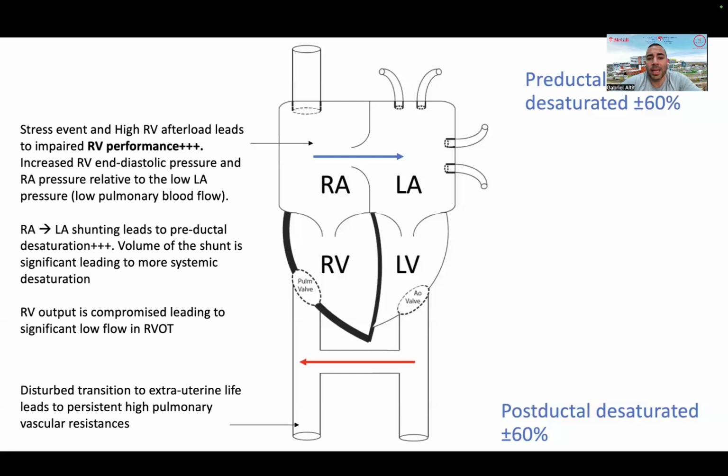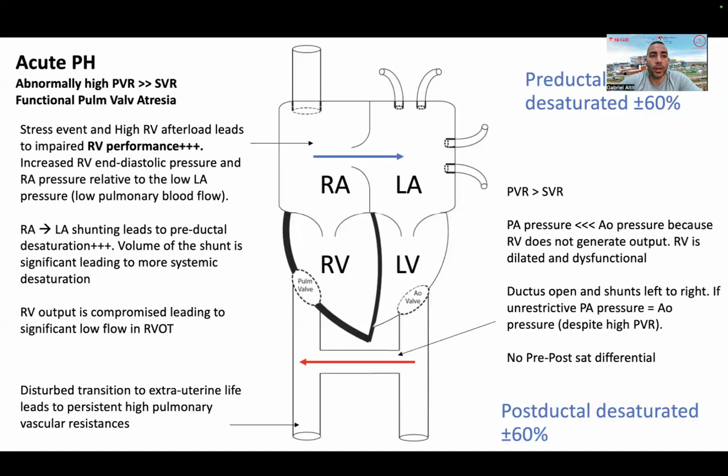You can also have the patient who has an acute PH picture with very high PVR. And at that point, the RV has also taken such a hit that the degree of RV output is extremely diminished. Because you get almost none or sometimes no RV output due to the severely impaired RV function, you get a lot of backflow into your right atrium, bringing a lot of blue blood from your RA to your LA, making you very desaturated.